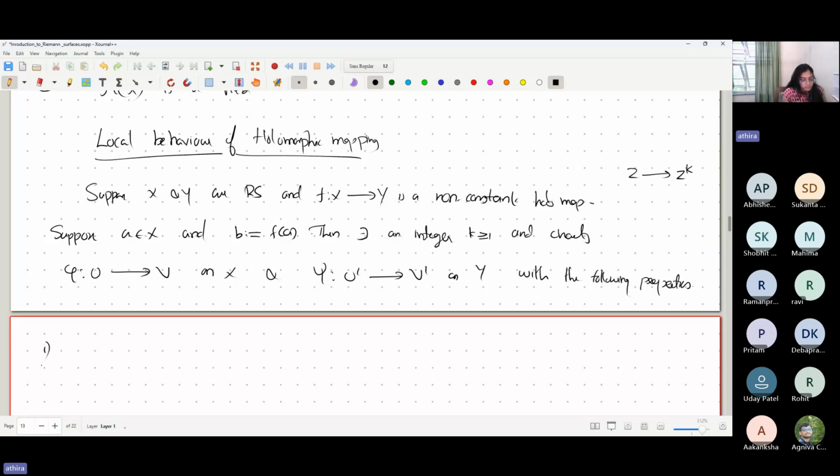First one, both are centered at a and centered at b. That is, a belongs to U and phi(a) equals 0, b belongs to U' and psi(b) is 0. Second condition, f(U) is contained in U'.